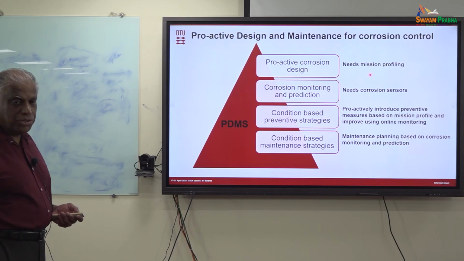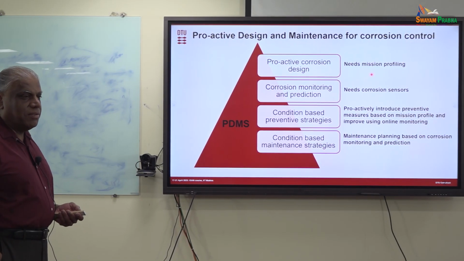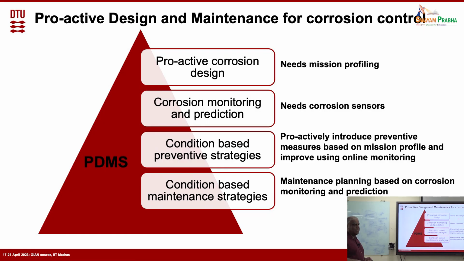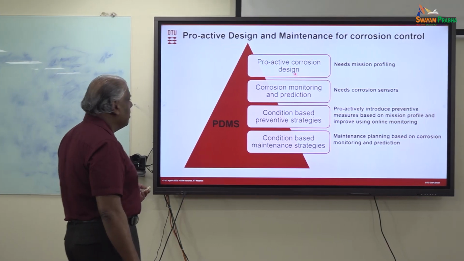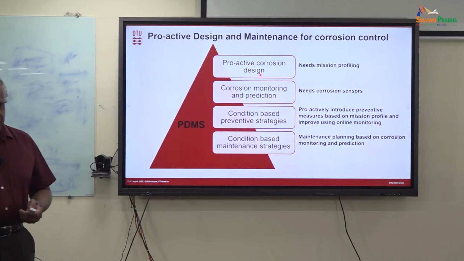Mission profiling means you need to know, in the life cycle of the product, what kind of conditions it experiences. If it is Chennai weather, what are the weather conditions here, and how they change over a period of time, just to get an average value. This mission profiling is important. Unless you get this mission profile, you cannot do the proactive corrosion design.